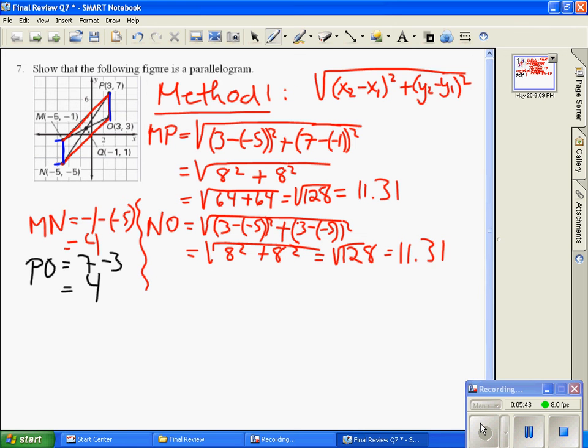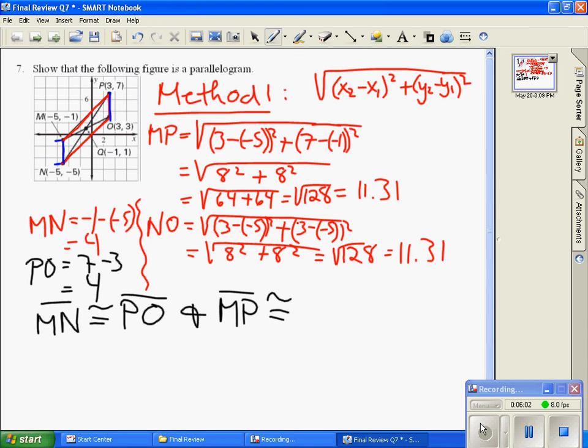So we can say that MN is congruent to PO, and MP is congruent to NO. So therefore, remember these 3 dots are therefore, this quadrilateral, the name is MNOP, is a parallelogram.